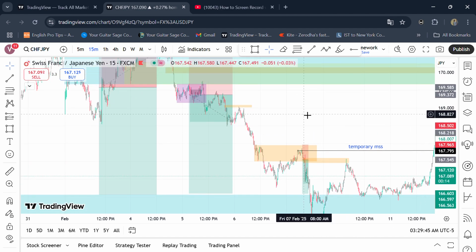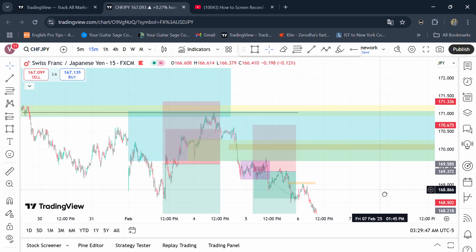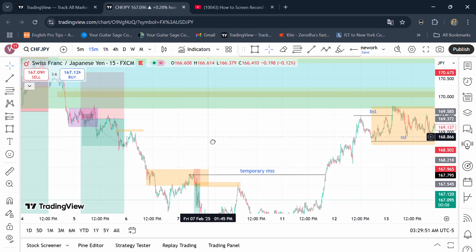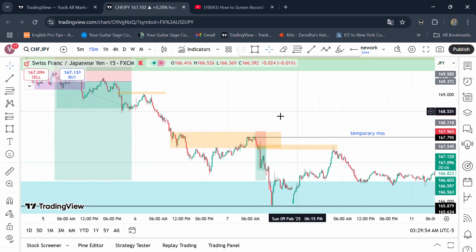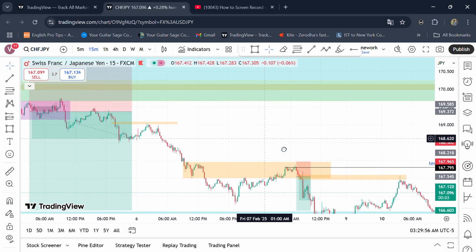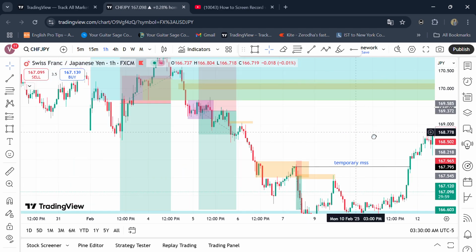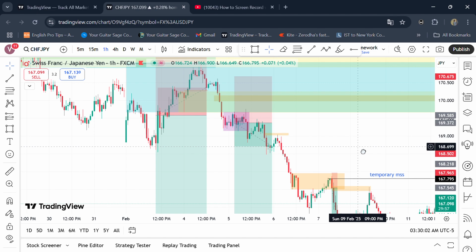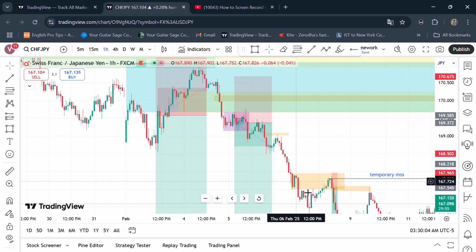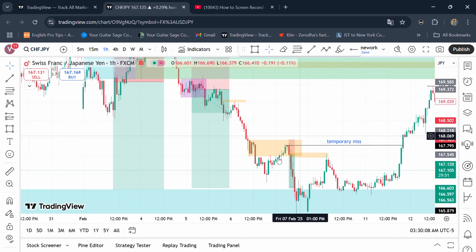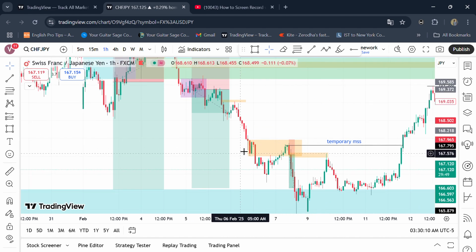Later, we also found out that, let me come to the 1 hour. On this entire region, this entire leg, this was the only POI left.